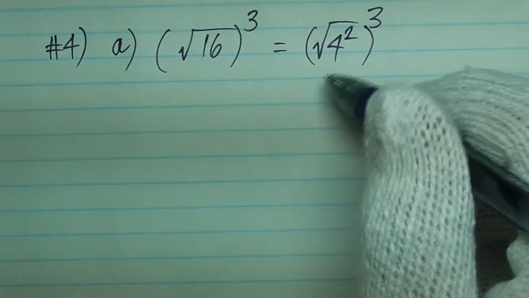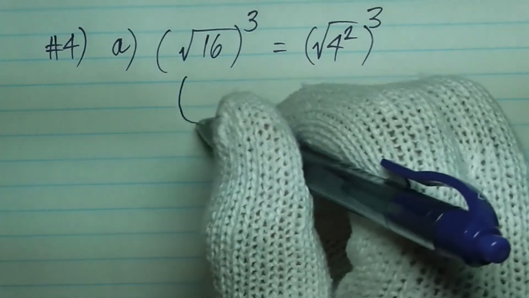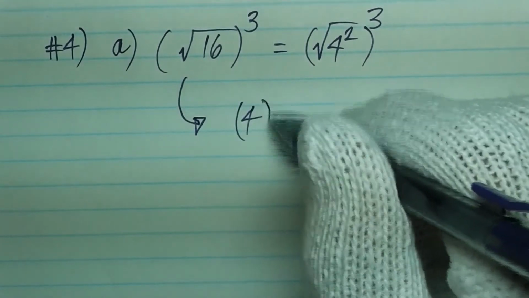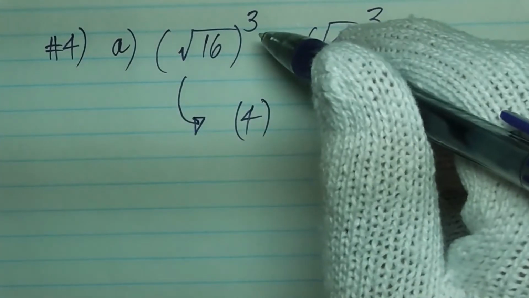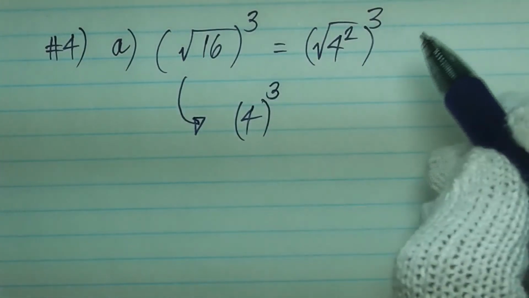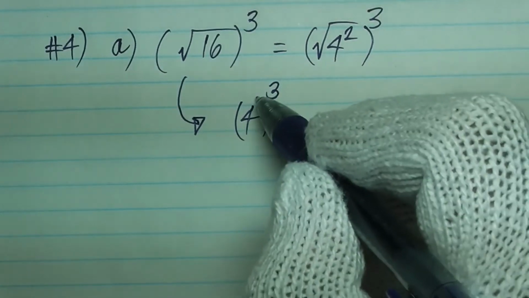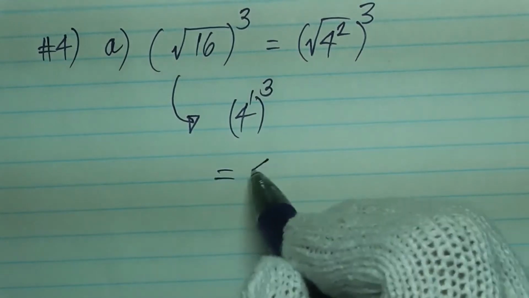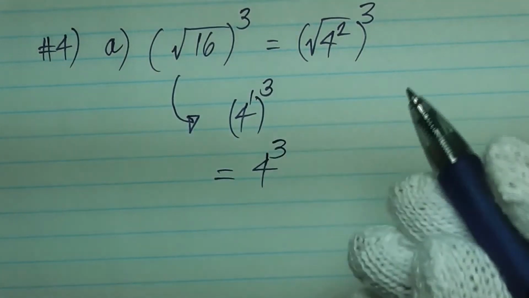And if that makes you uncomfortable, you can also see that the square root of 16 is 4. And then you have an outside exponent of 3. Well, what is 4? 4 is 4 to the exponent 1, ninja 1. That's going to be 4 to the exponent 3.